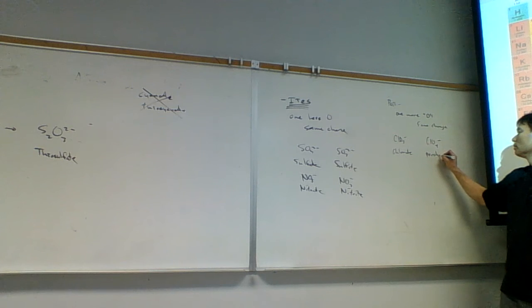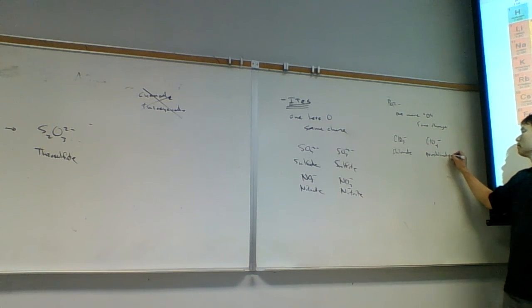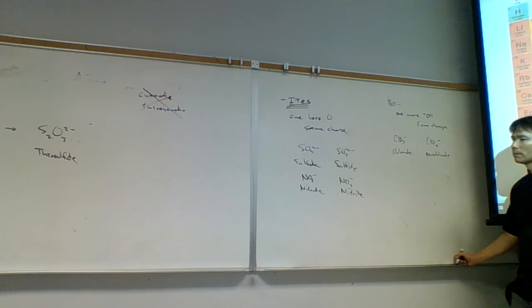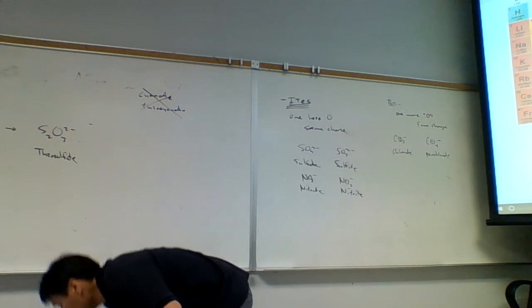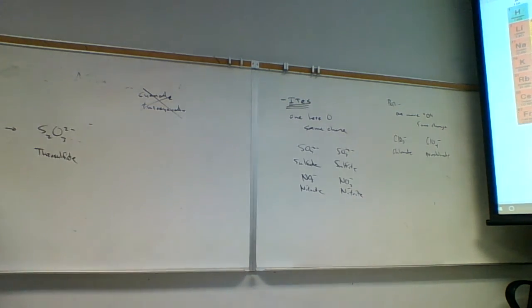We call this perchlorate. We would not call something perchlorite, because perchlorite would be the same as chlorate. Perchlorite is one more oxygen than chlorite, but we already have chlorate, which is one more oxygen than chlorite.